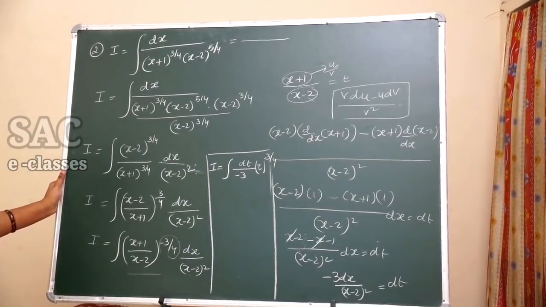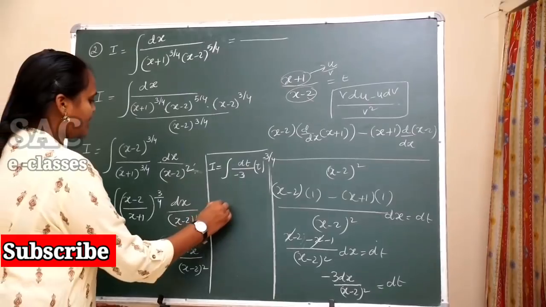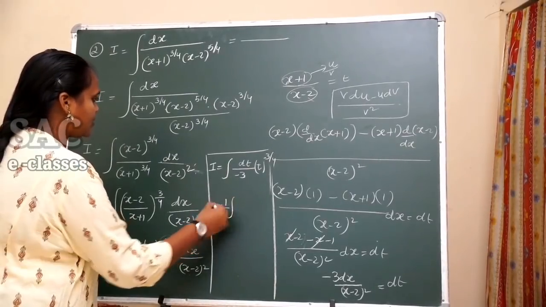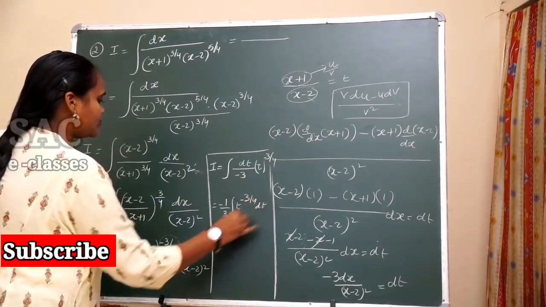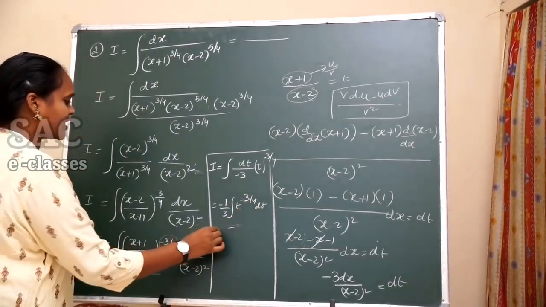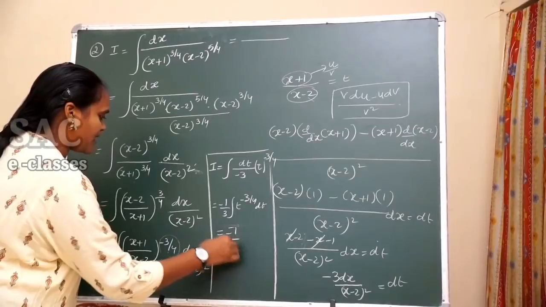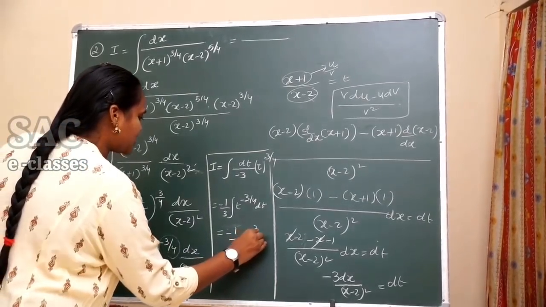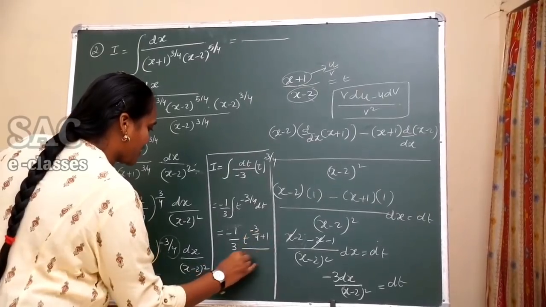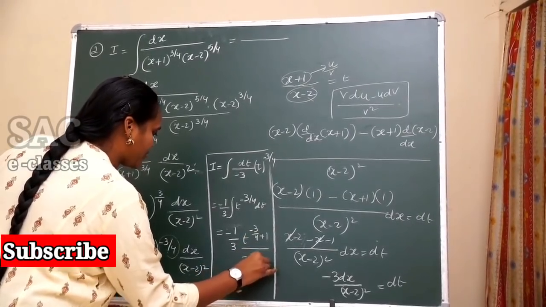Okay, now let us continue. Minus 1 by 3 into t power minus 3 by 4 dt. Use the standard form of integration: minus 1 by 3 into t power (minus 3 by 4 plus 1) by (minus 3 by 4 plus 1).